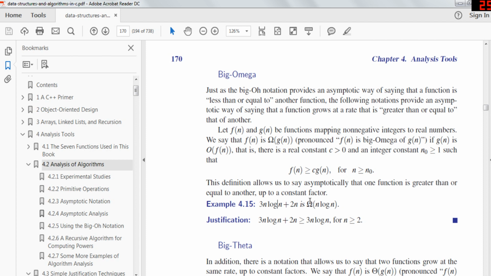That you could have a constant multiplied by n log n. So 3n log n plus 2n is greater than or equal to a constant 3 times n log n. That's what big omega is saying: whatever function you have is greater than or equal to a constant times some other function. That's what big omega means.